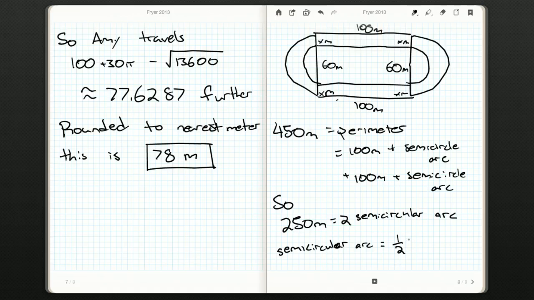Okay, so pi times, I should probably leave out that x because there's an x as a variable in the question. So what's the new diameter? We still have 60 meters, but on either side we have x meters.